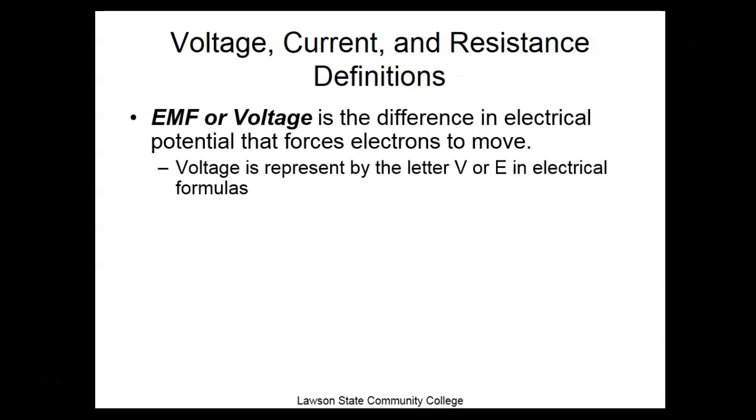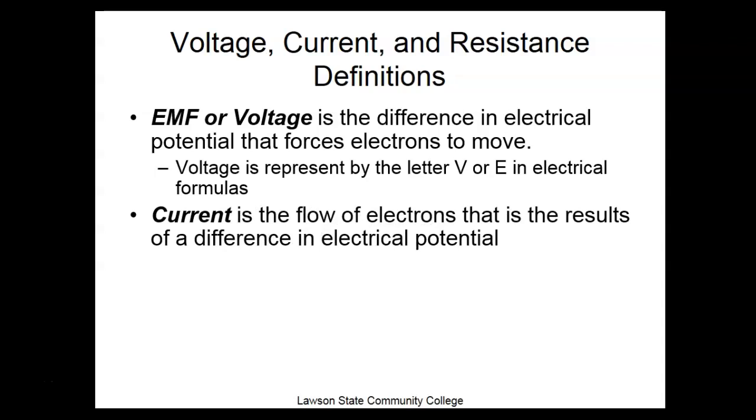In formulas, voltage is represented by either V or E. It depends on what book you read it in. What most people don't like is when we have an equation, they don't want V on the left and V in the answer. So a lot of people will use E for voltage and V for volts, and we'll talk about that in a minute.